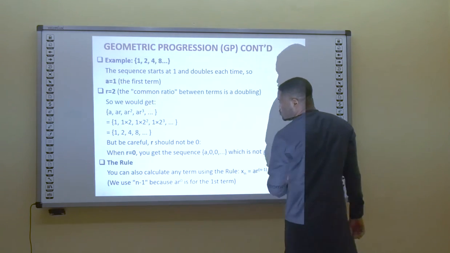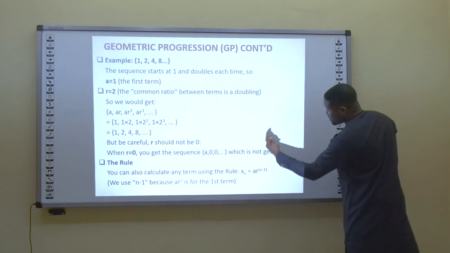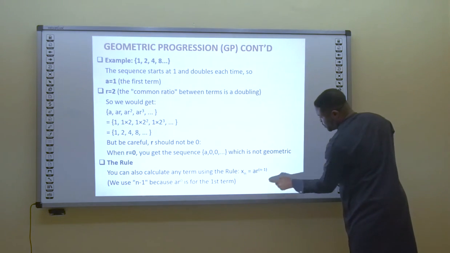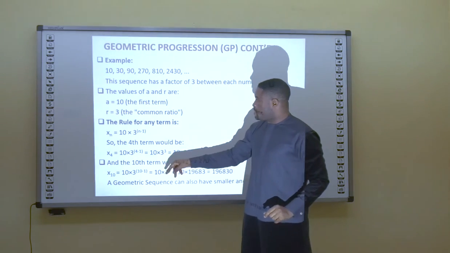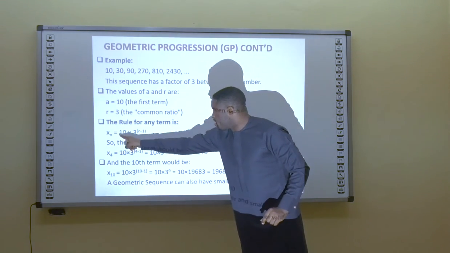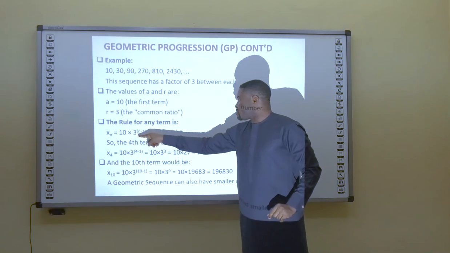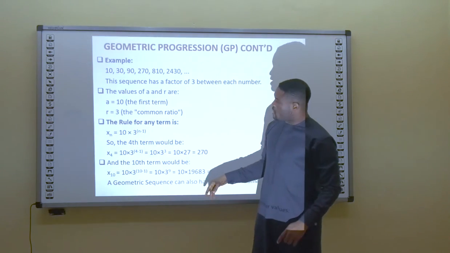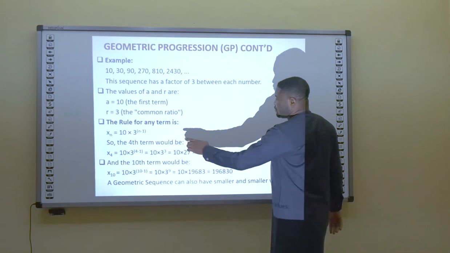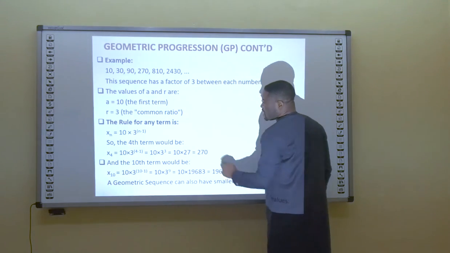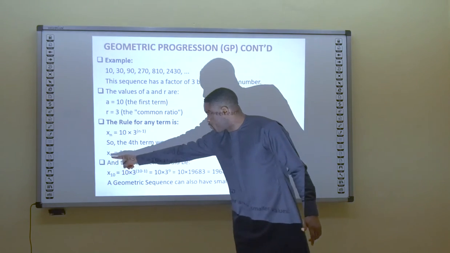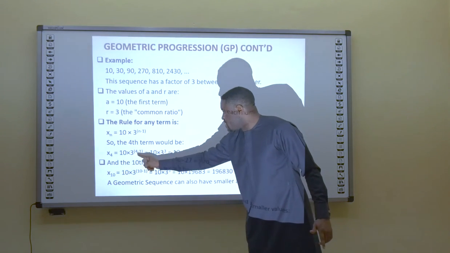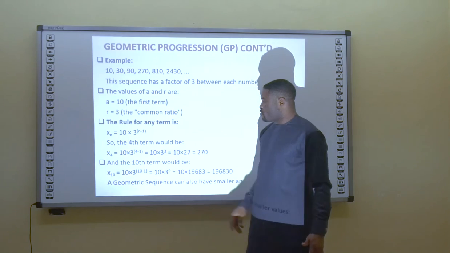If we substitute that into the formula, we have the first term a equals 10, so Xn is equal to 10 times 3 raised to the power n minus 1. If we were to calculate the fourth term, then n becomes 4, so x4 is equal to 10 times 3 raised to the power 4 minus 1.